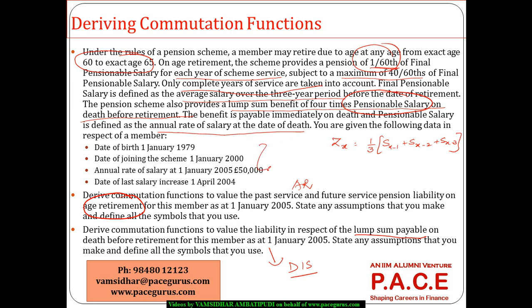Now we are talking about a specific member whose date of birth is 1st Jan 1979 and who joined the scheme on 1st Jan 2000, which means he was exactly 21 when he joined the scheme. The annual rate of salary as on Jan 2005, which means when he was 26, is 50,000.